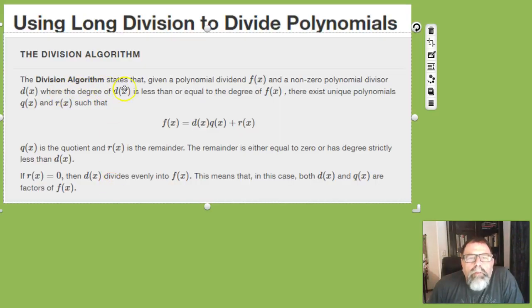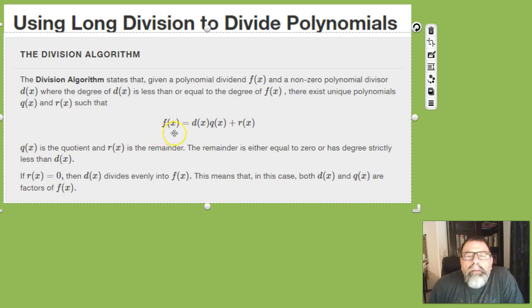The division algorithm states that given a polynomial dividend f of x and a non-zero polynomial divisor d of x, where the degree of d of x is less than or equal to the degree of f of x, there exist unique polynomials q of x and r of x such that f of x is equal to d of x times q of x plus r of x.